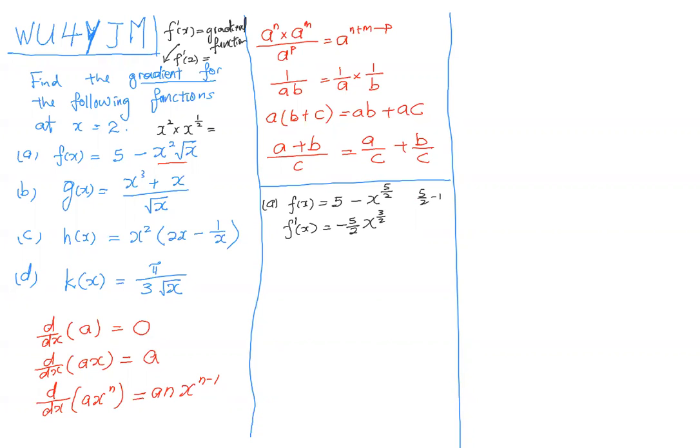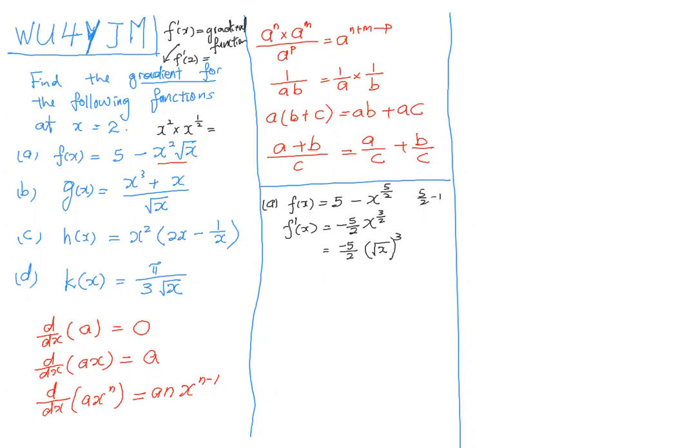Everyone in the class, when we have this, the 2 on the bottom means square root. The 3 means power 3. That is how you read x to the power of 3/2.